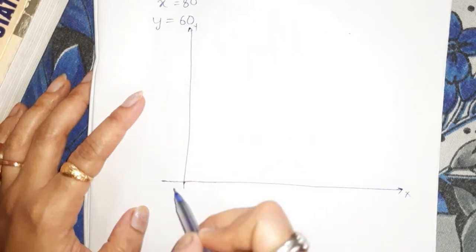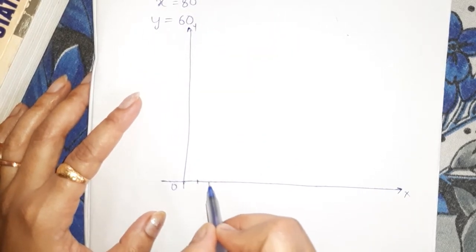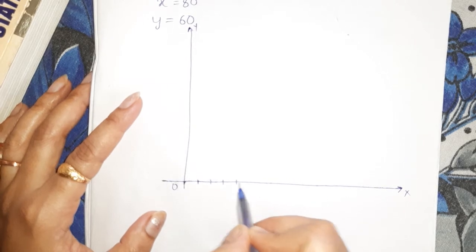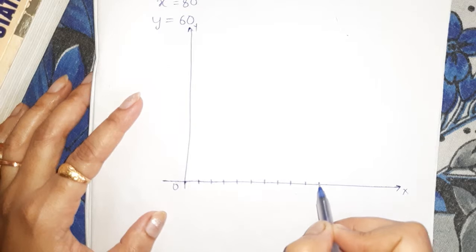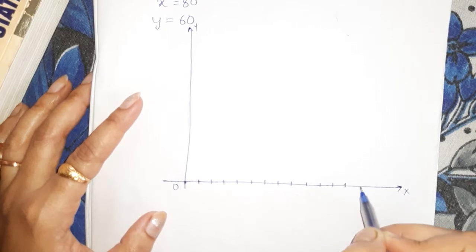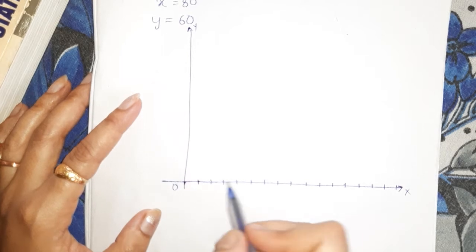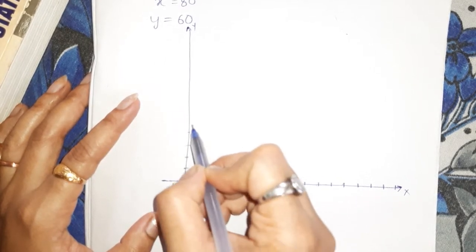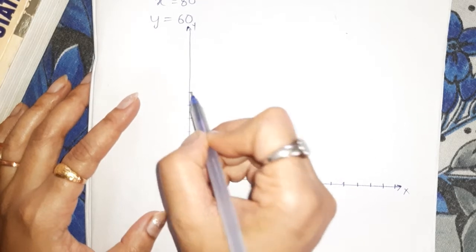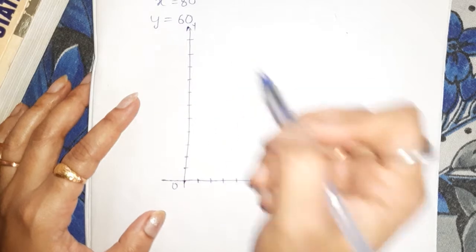This is the scale. We start from 10, 20, 30, 40, 50, 60, 70, 80, 90, 100 on one axis, and 10, 20, 30, 40, 50, 60 on the other.